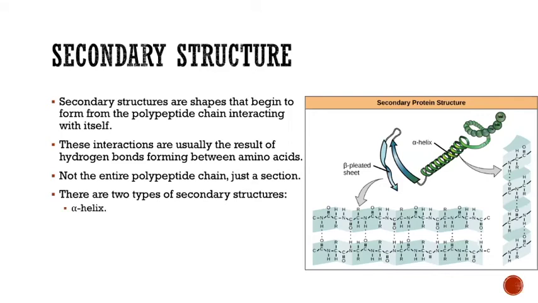There are two different types of secondary structures. Alpha helixes are corkscrew-shaped structures and go towards more globular proteins, and beta pleated sheets are big, more rigid sheets, and these correspond more to fibrous proteins.